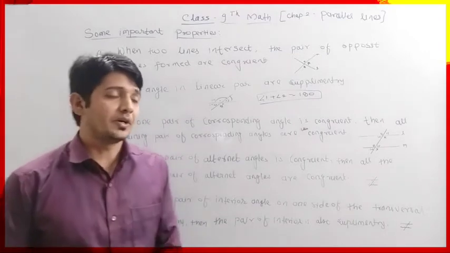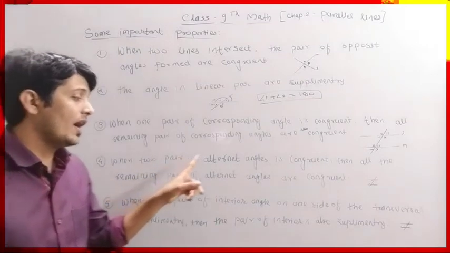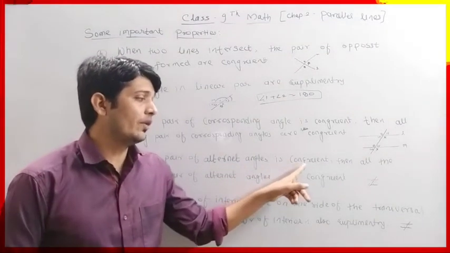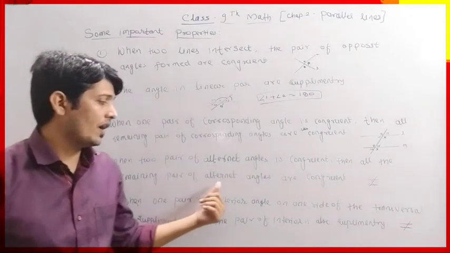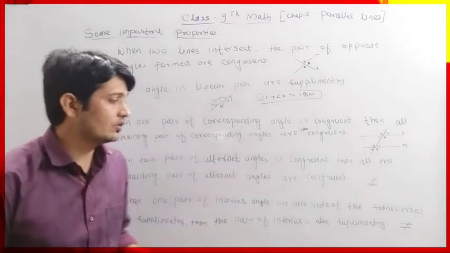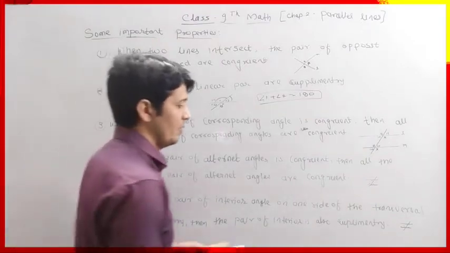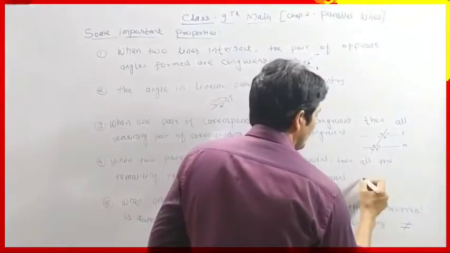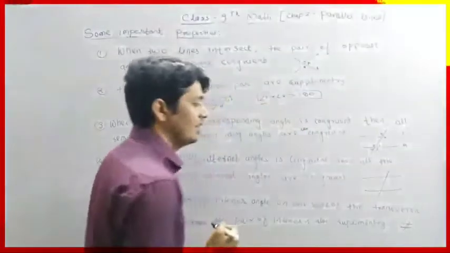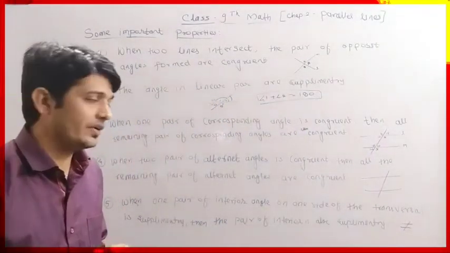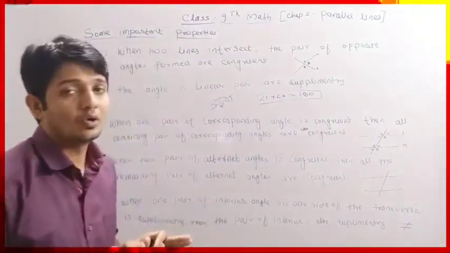Okay, next property. Fourth one: when one pair of alternate angles is congruent, then all the remaining pairs of alternate angles are also congruent. Let's understand how. See, there are two parallel lines and a transversal line intersects them in such a way that the alternate angles formed are congruent.